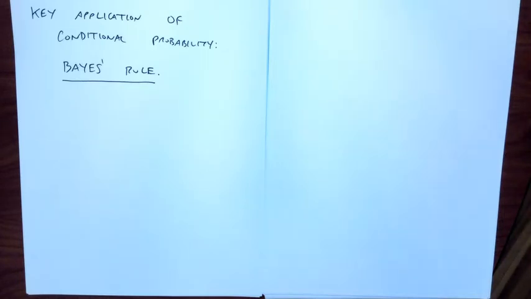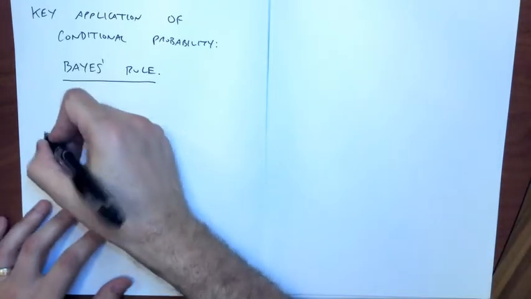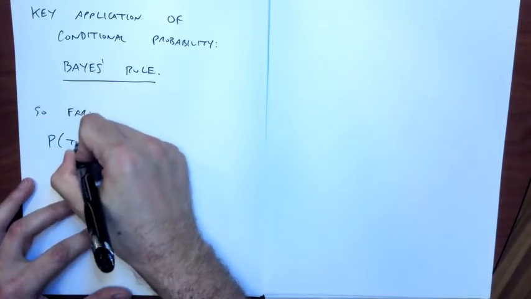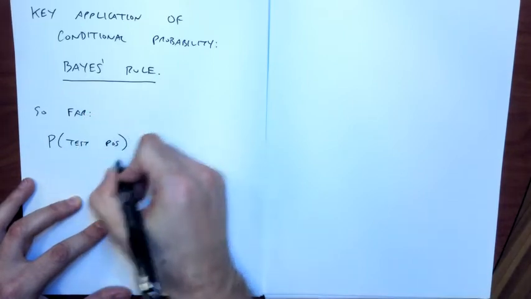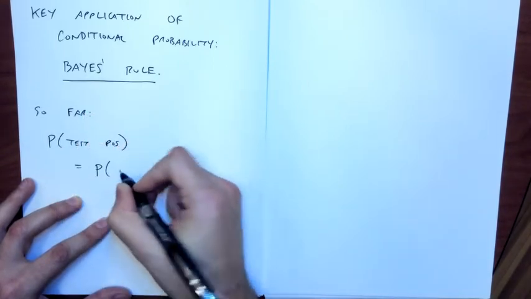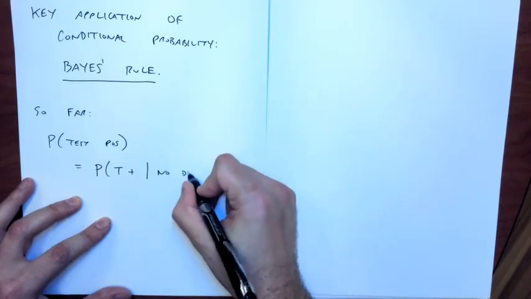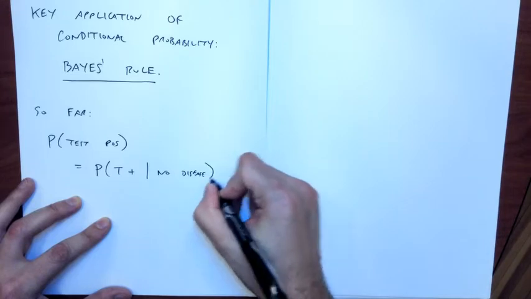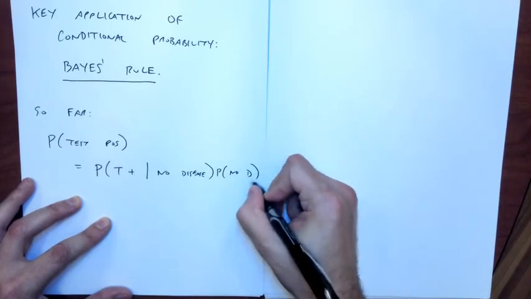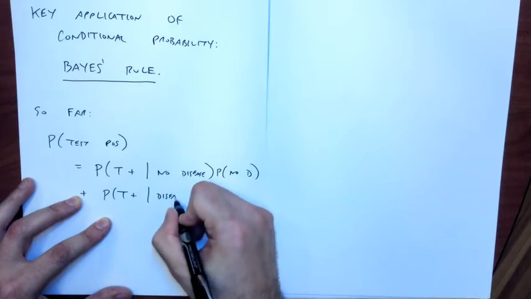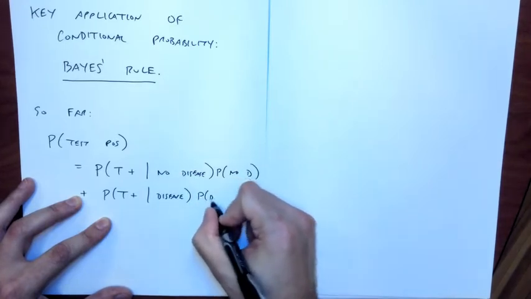Using what I just talked about, I could compute the probability that the test is positive. That's the probability that the test is positive given no disease times the probability of no disease, plus the probability that the test is positive given that I have the disease times the probability of the disease.